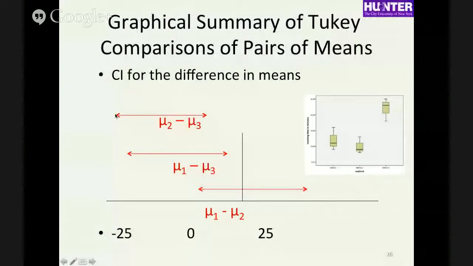So if you did that, then it becomes very obvious which ones you can clearly reject, because you have this 0 line, all of the confidence intervals that intersect with your 0 you would not reject, and the ones that don't cross you reject. Looks like my numbers down here got a little bit off. This 0 should be under that line, but you know what I mean.